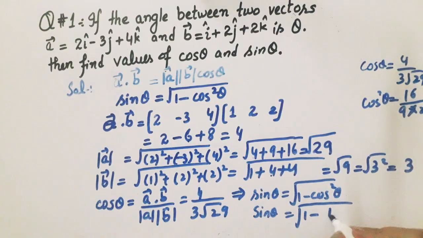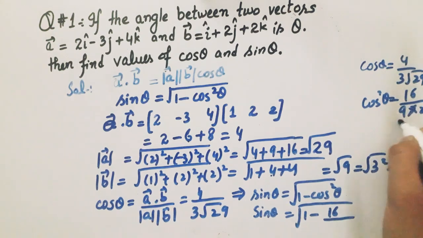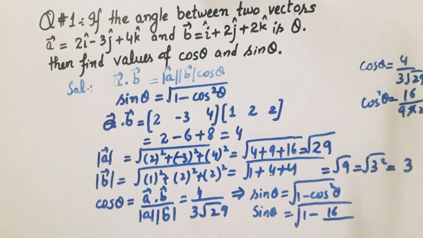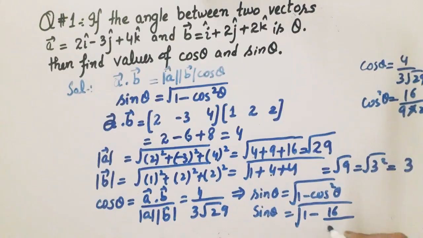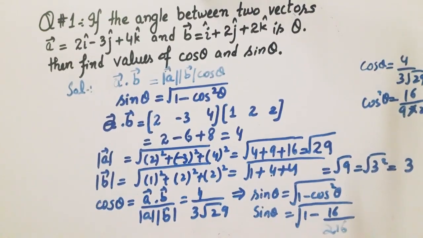So 9 times 29 will be 261. Now by solving this we will get the square root of 261 minus 16.